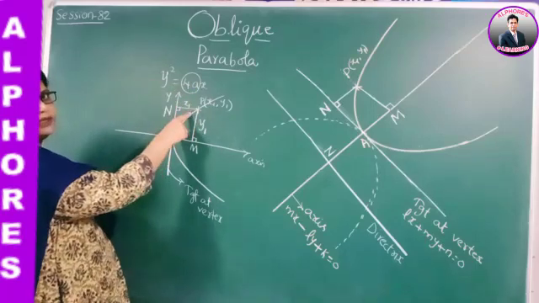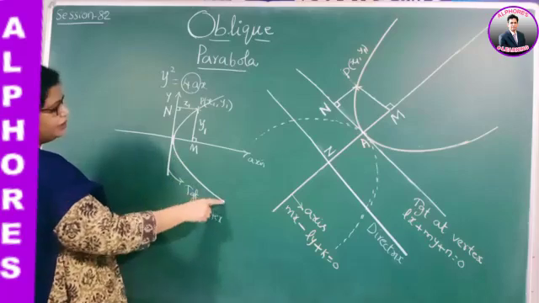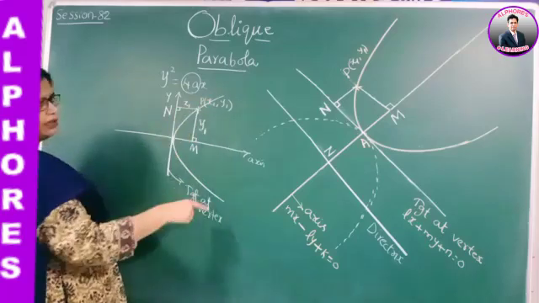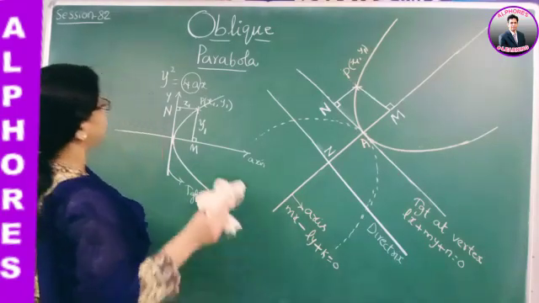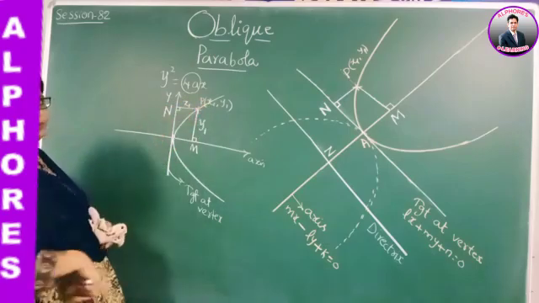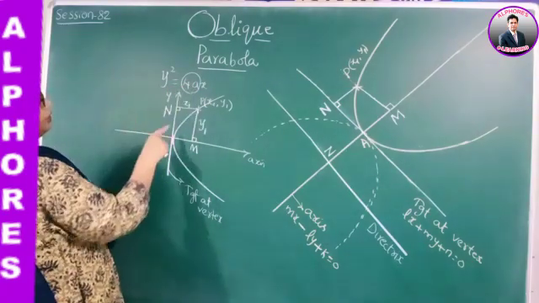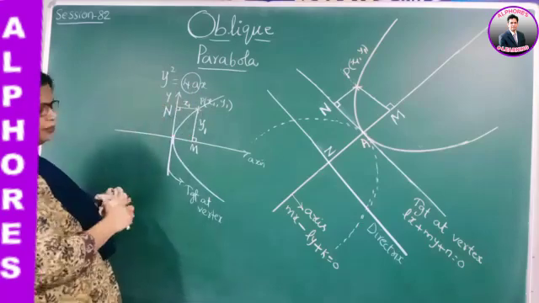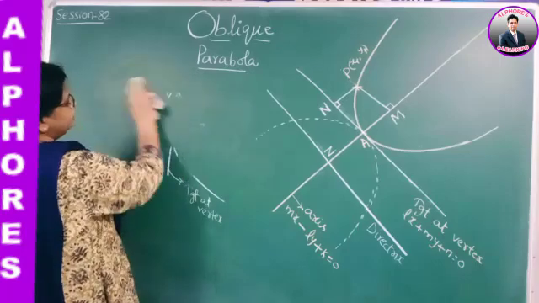Similarly you take a point x2 y2, x3 y3, x4 y4, whichever point you take on the curve, they satisfy a relation, and that relation is that the perpendicular distance from a point onto the axis, whole square, is the same as the latus rectum into the perpendicular distance onto the tangent at vertex.